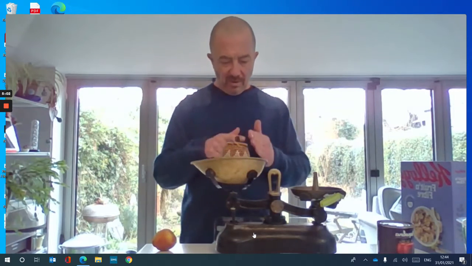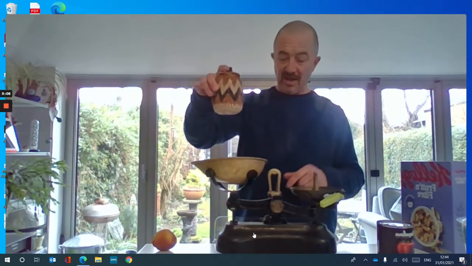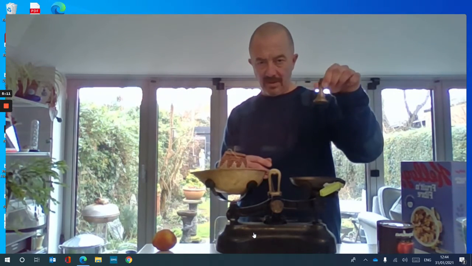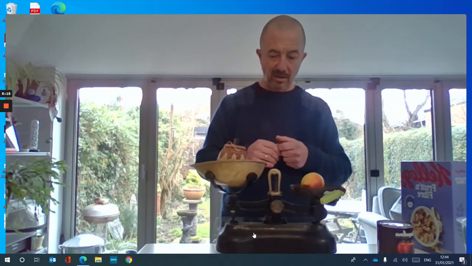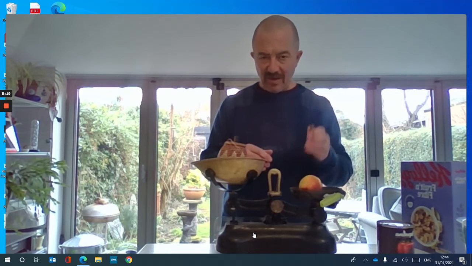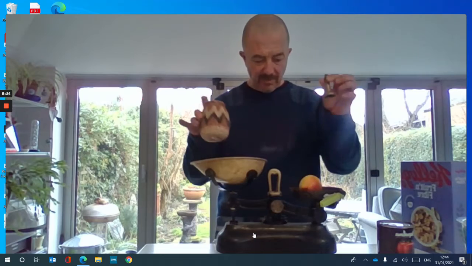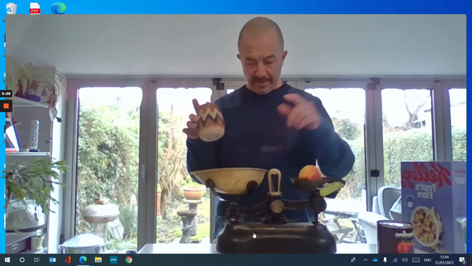So we've now compared, and we can say that the basket is lighter than the ornament. I wonder if we compare these two, what we find. Now then, the apple is heavier than the basket, but we also know that the apple is lighter than the ornament.